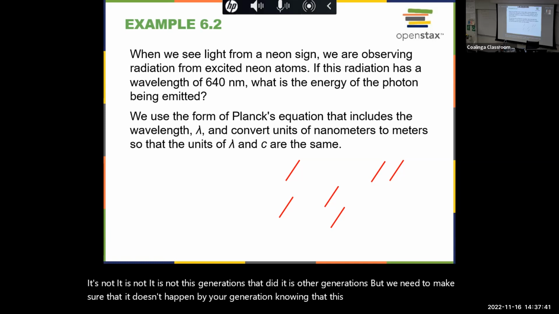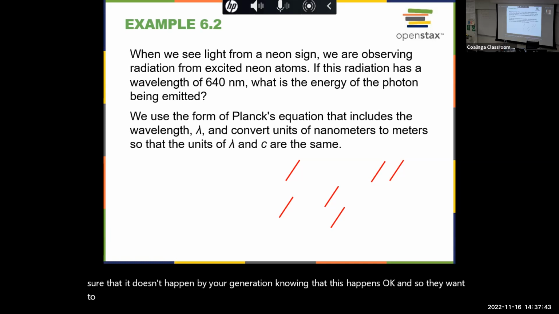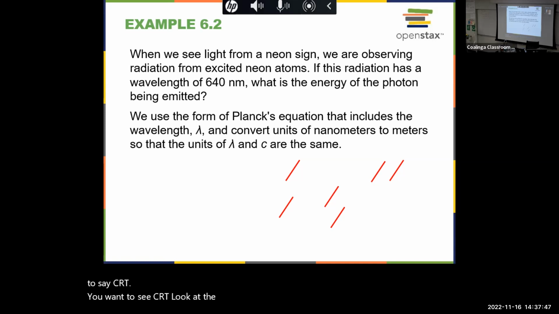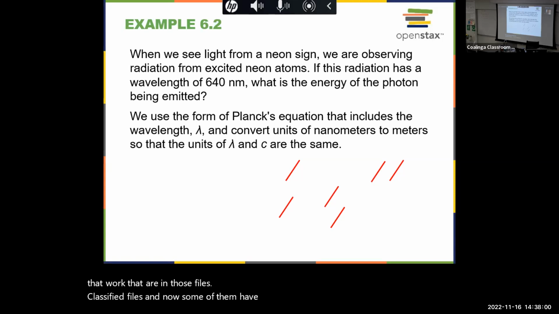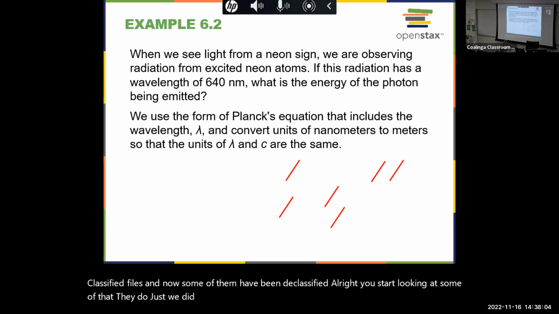Right? And so, you know, they want to say, obviously, CRT, but I thought it really happened, right? Yeah. You get some of the paperwork that are in those files, classified files, and now some of them have been declassified. You start to see this. Did we really do this?